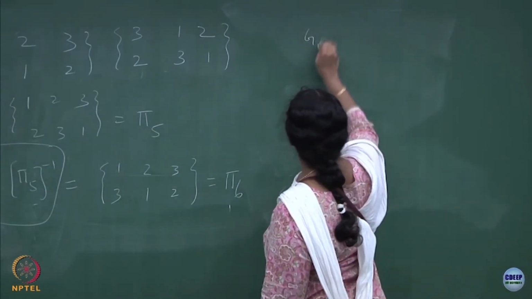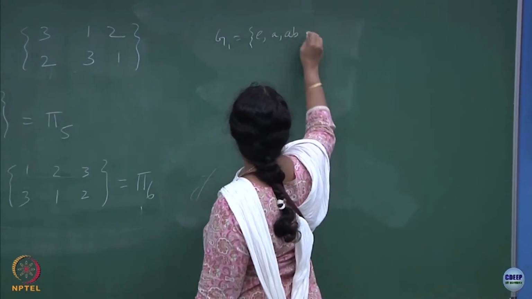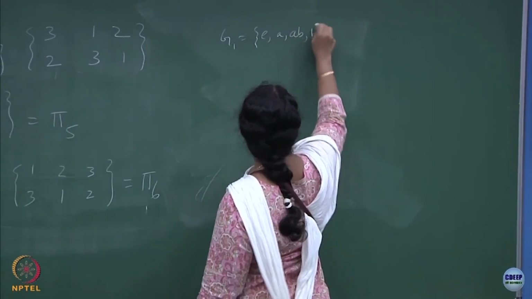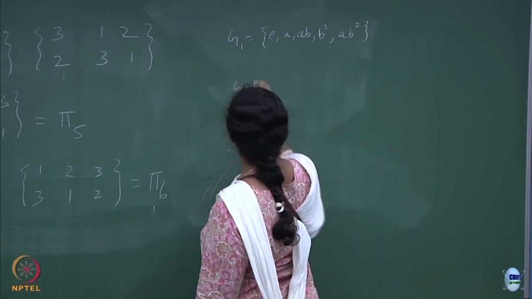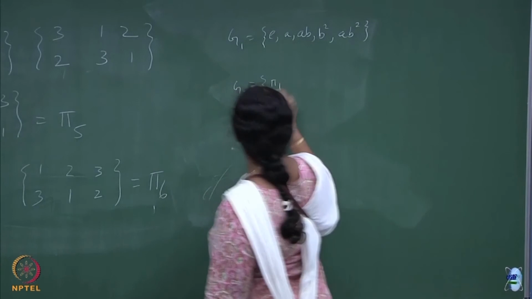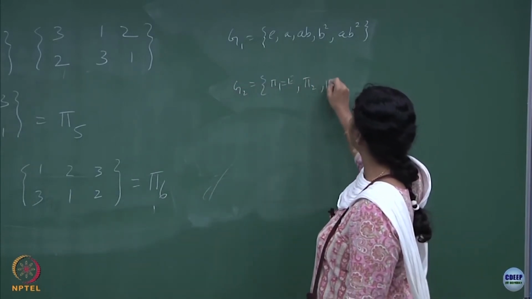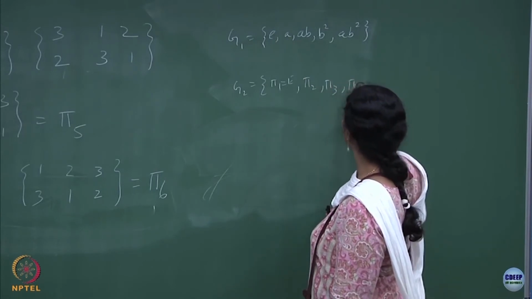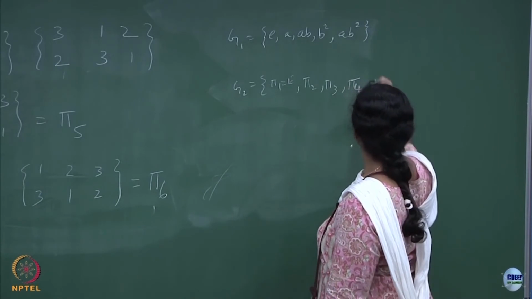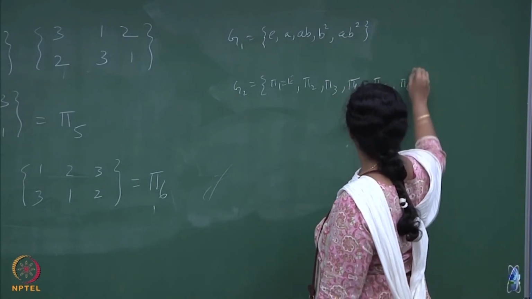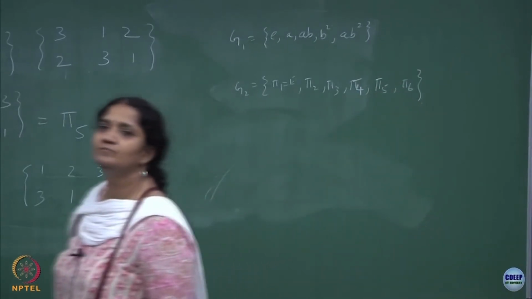So, you have a G1, you have a G2, pi 1 is identity, okay.